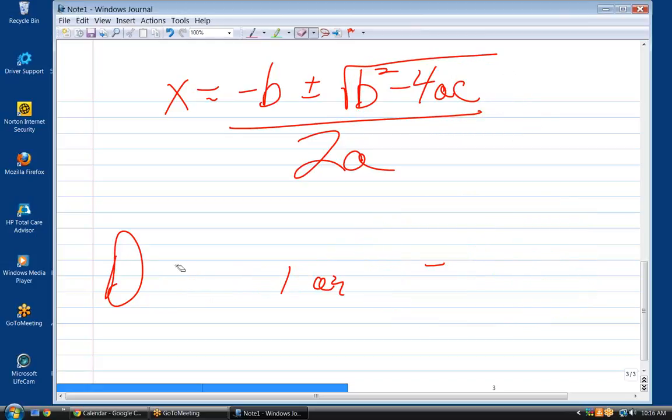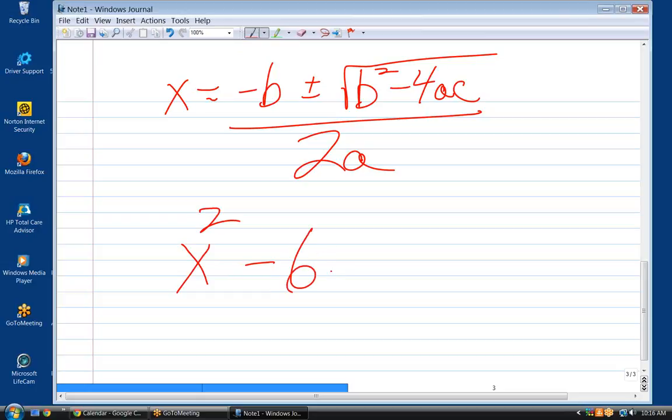Let me put up a quadratic here and you tell me whether it has real solutions or imaginary solutions. What does the discriminant tell you about these two solutions? Well, let me hold on.